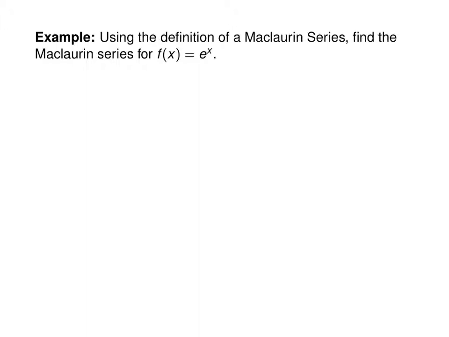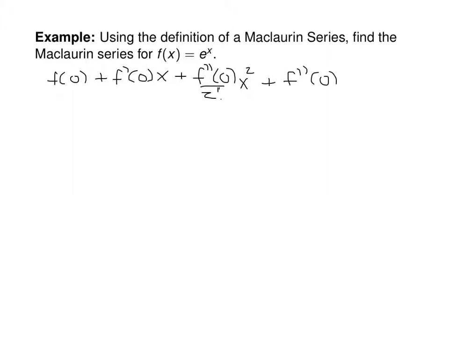So the definition of Maclaurin series was f of 0 plus f prime of 0 times x plus the second derivative at 0 over 2 factorial x squared plus the third derivative at 0 over 3 factorial x cubed, etc.